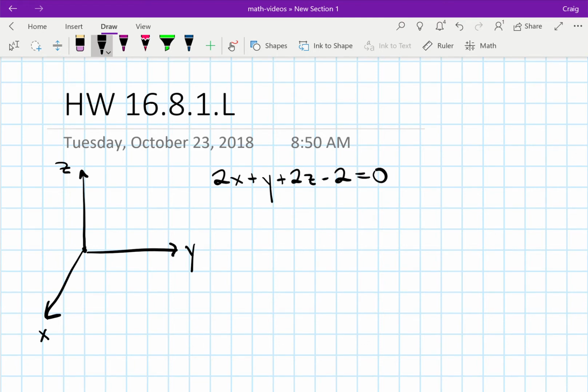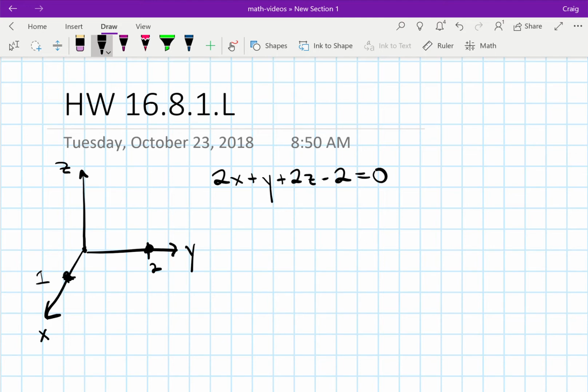Clearly that's an equation for a plane, and I can draw that plane just by thinking about the intercepts. So the x-intercept when y and z are both 0 is just 1. So x equals 1 is one intercept of that plane with the x-axis. When x and z are both 0, y has to be equal to 2.